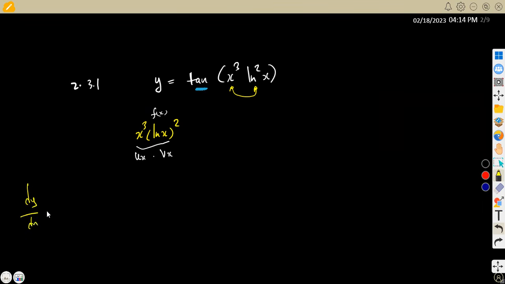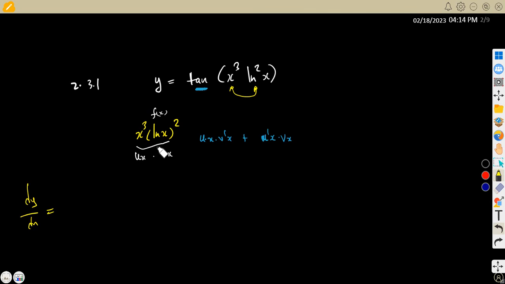The dy/dx was going to be, remember, from your product, we are supposed to have our formula, or from our formula sheet, guys: u(x) times the derivative of v, plus v(x) times the derivative of u(x). This formula can be given in many ways; I don't know exactly which presentation you want.